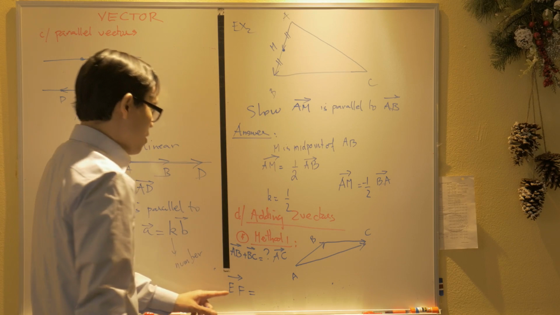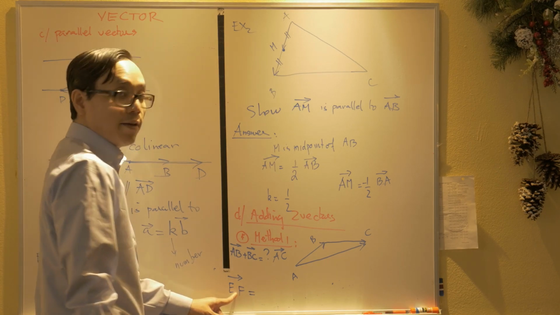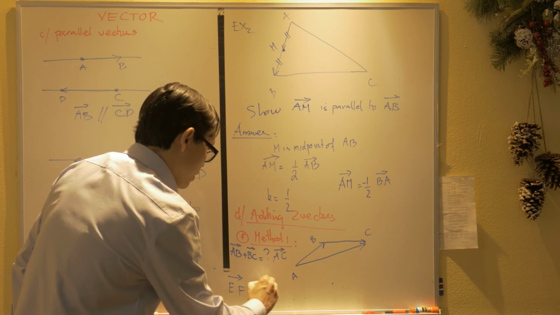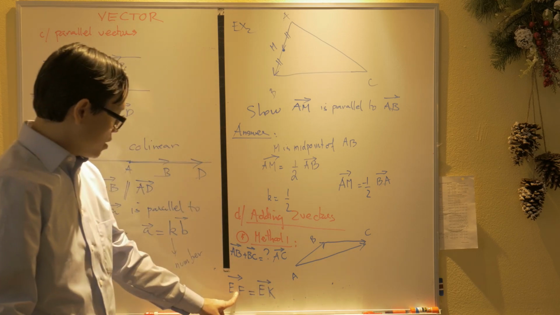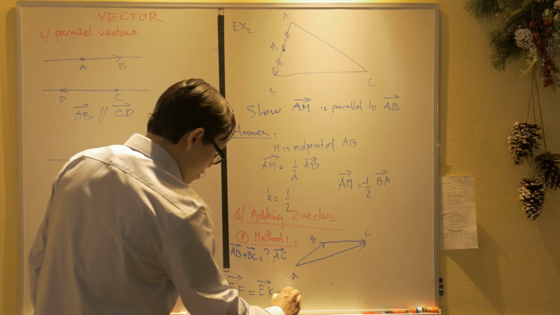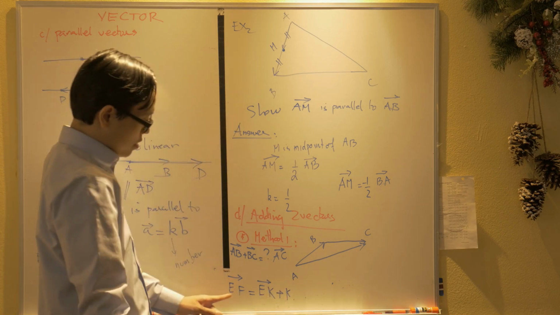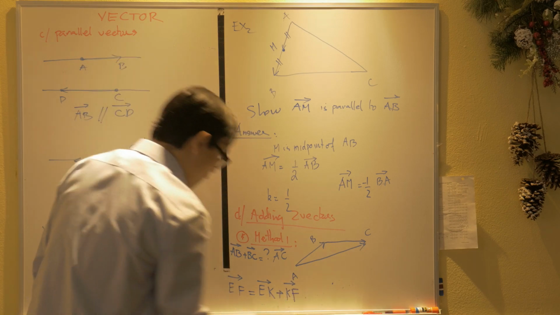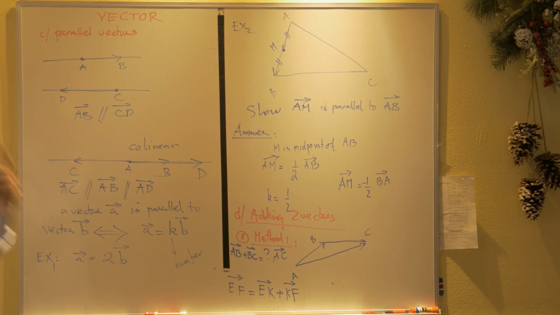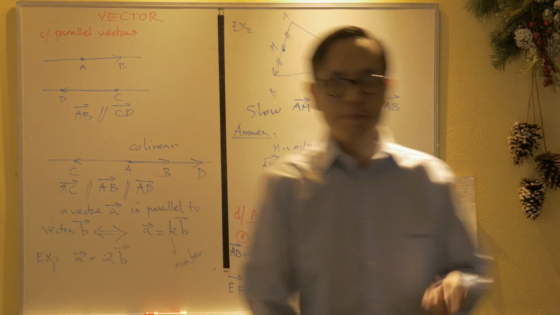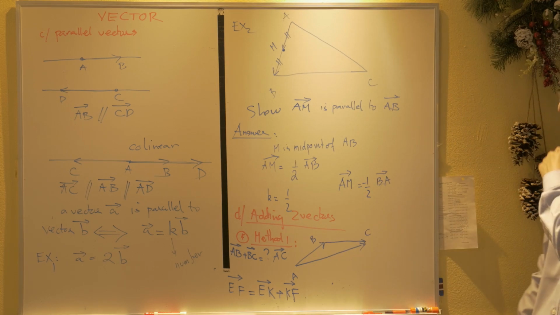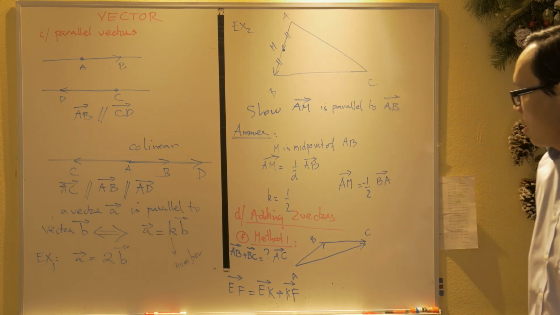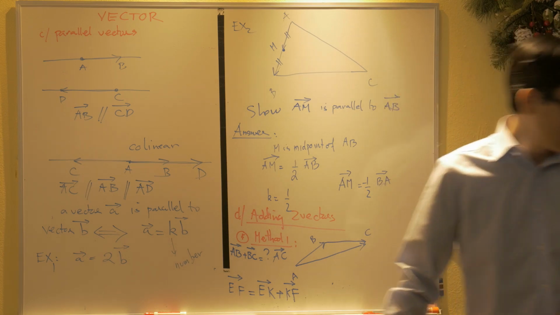For example, I insert a letter K, so this becomes vector EK plus vector KF. So you can insert a letter in between to split it into smaller vectors. That is the first method to add two vectors together.